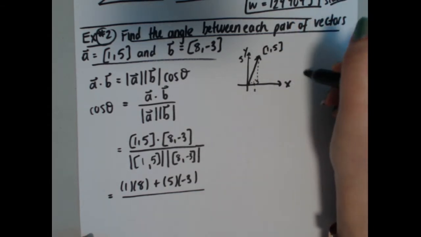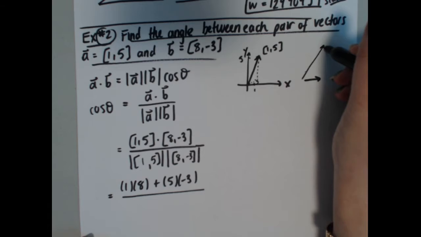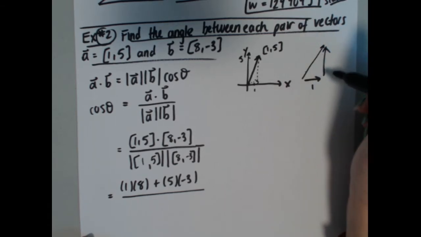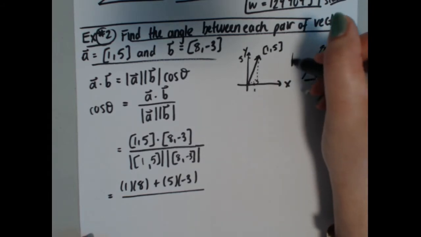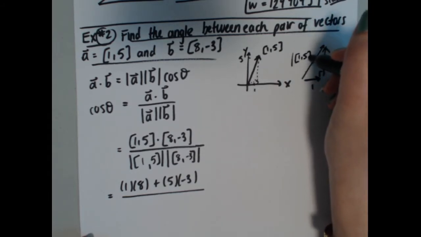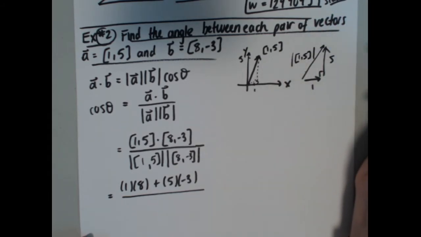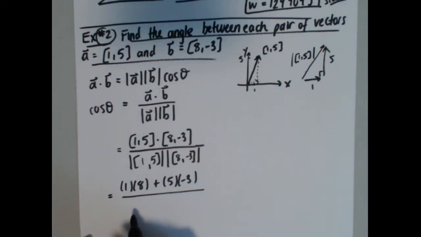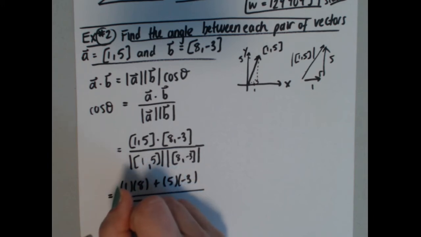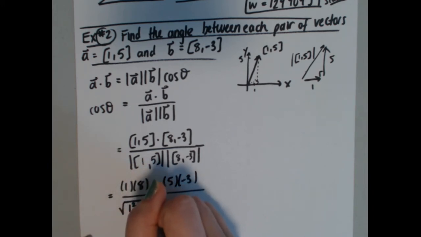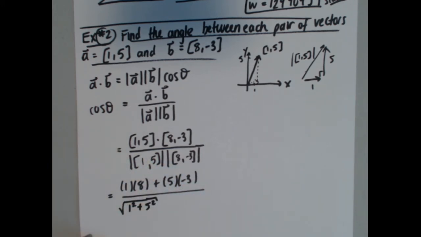This right angle triangle has a base of 1, a height of 5, and the hypotenuse is the length of the vector 1, 5. So the magnitude of 1, 5 is the square root of 1 squared plus 5 squared.